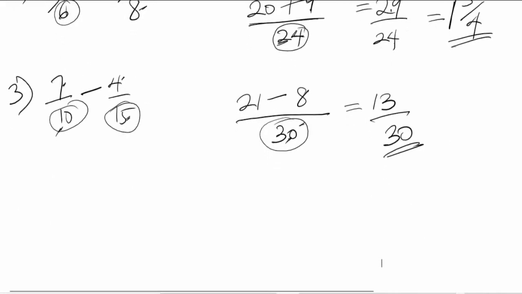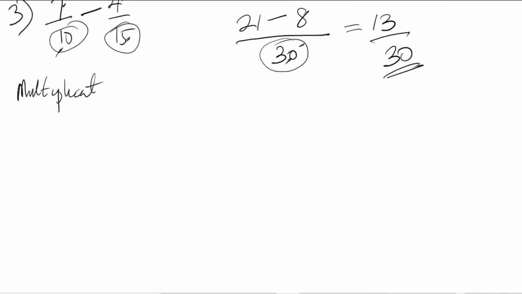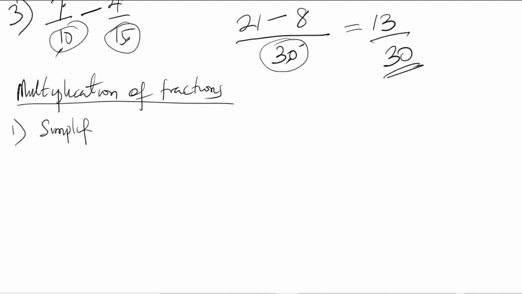Now, let's look at multiplication of fractions. Take some examples. Simplify 2 over 5 times 3. This 3 is the same thing as 3 over 1.